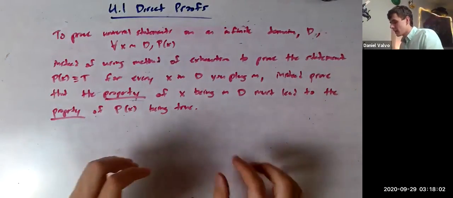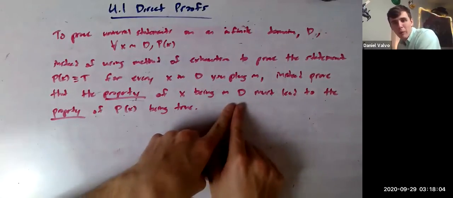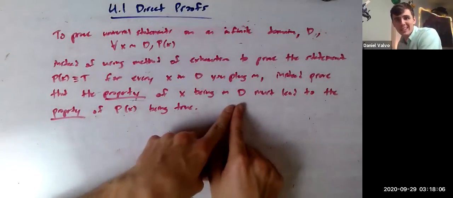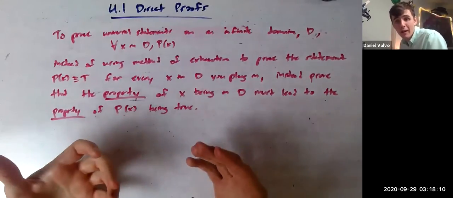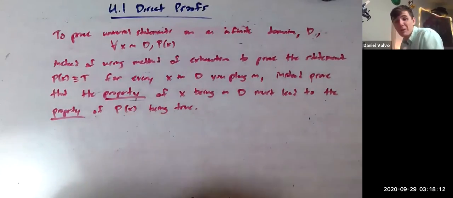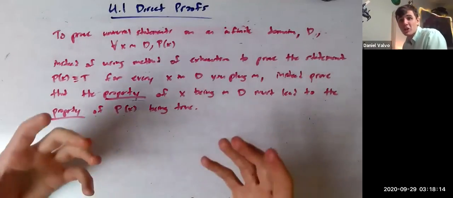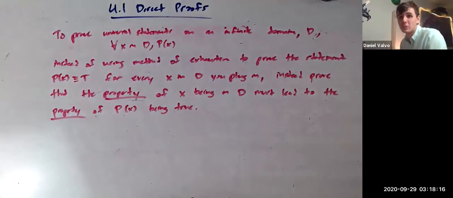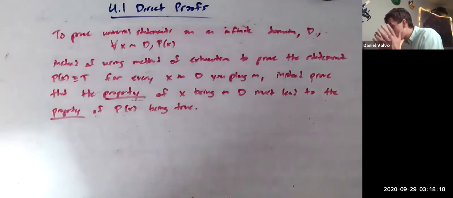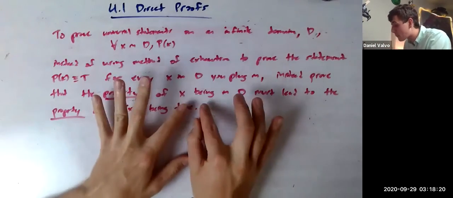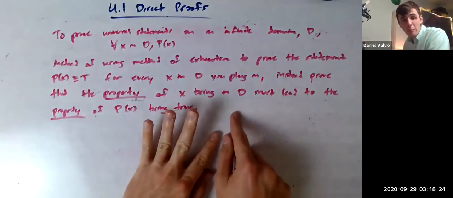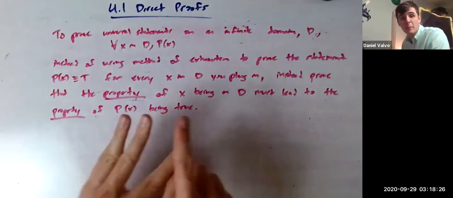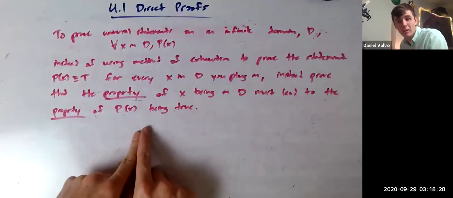So by this I mean D is probably not a random set of things. Everything in D probably has something in common, right? There's some properties they share. And so if you're trying to prove something about infinitely many things, instead of using method of exhaustion to check each one, which would be exhausting, all you have to do is show that the property that all the things in D share naturally must lead to the property of P of x being true.